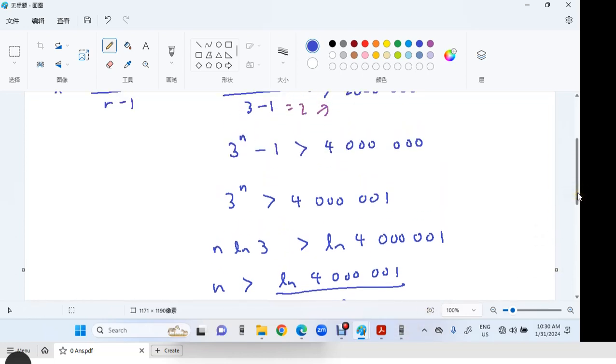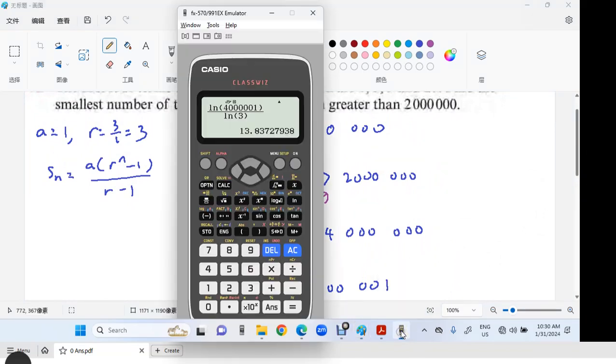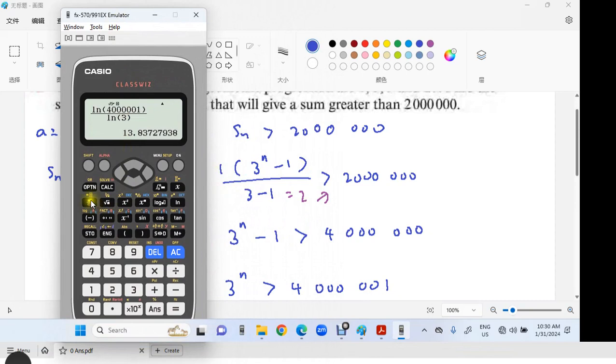So now if I find the S14, we have the 1 times 3 power 14 minus 1 divided by the 3 minus 1, then this is the value.